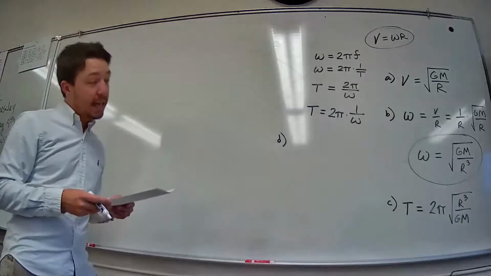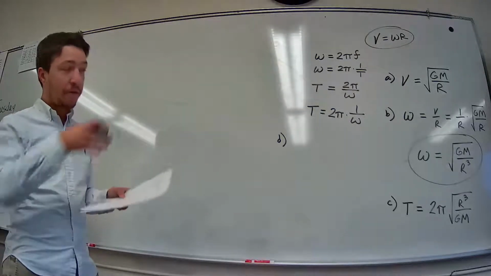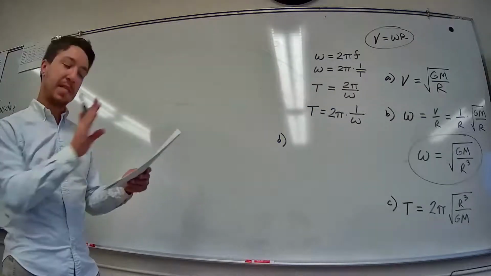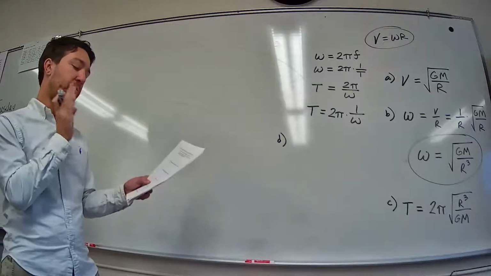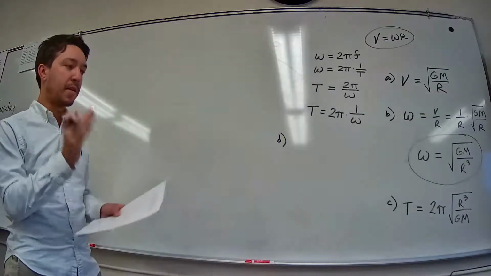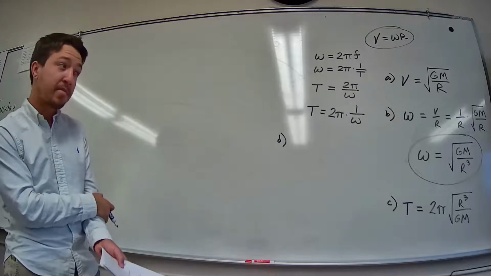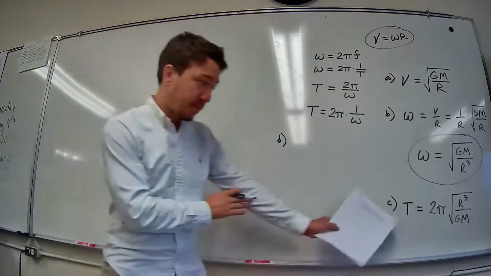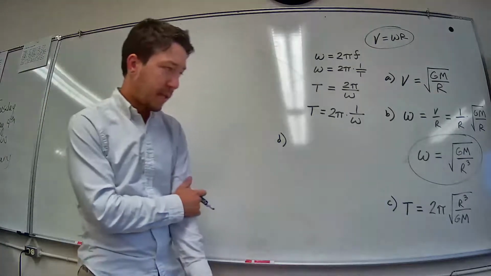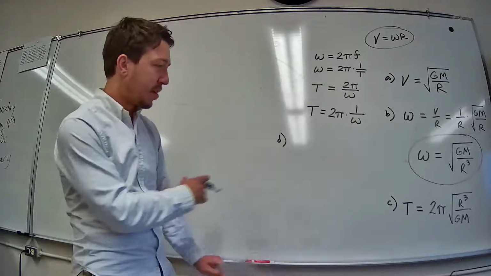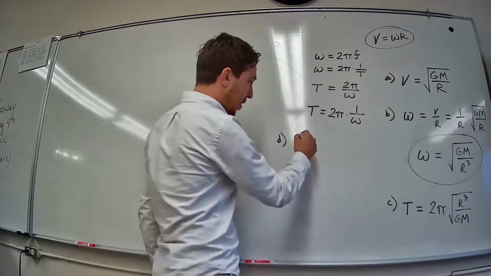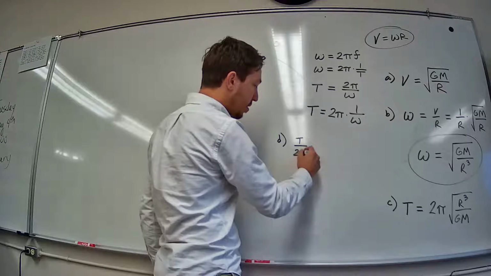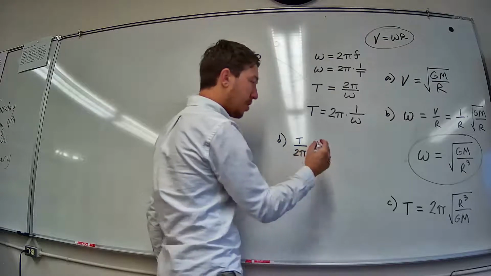What's the formula for the radius in terms of the other stuff, though? Specifically, what's the formula for the radius in terms of G, M, and T? So which formula am I rearranging? This one. How many steps do you need to show? Step 1 would be divide both sides by 2 pi, right?